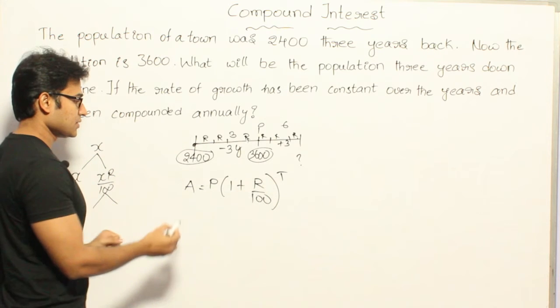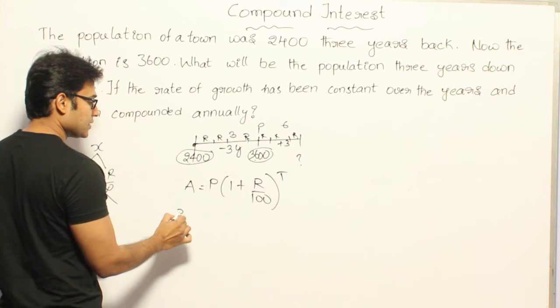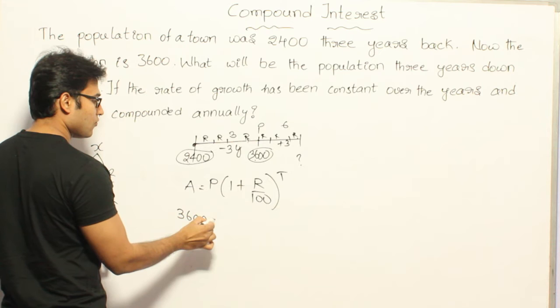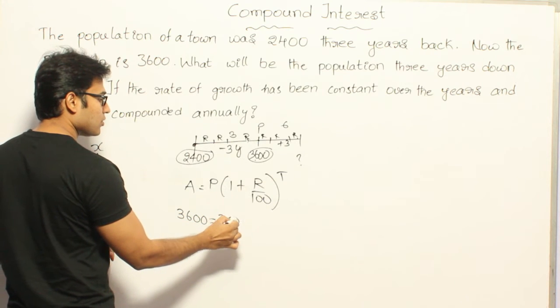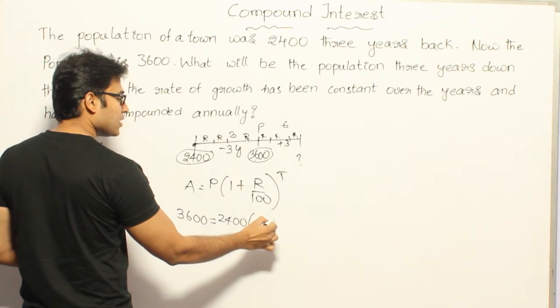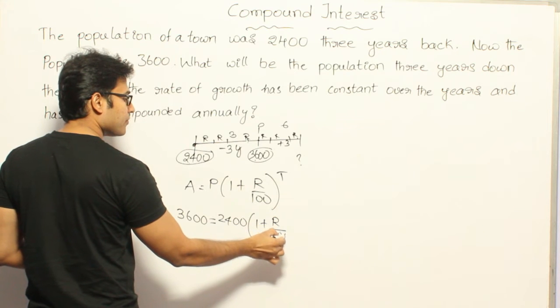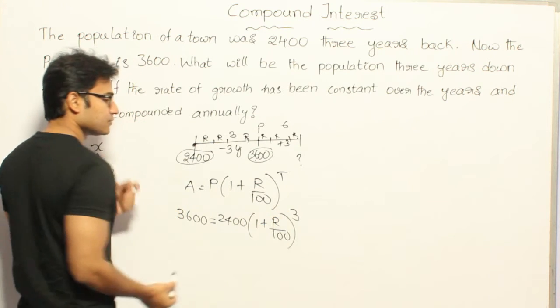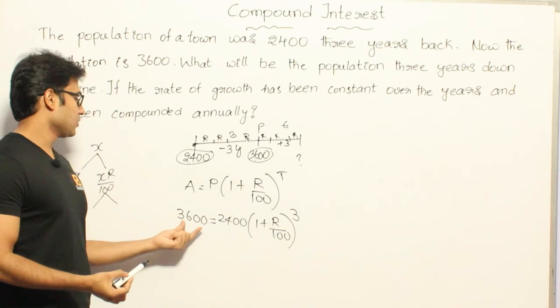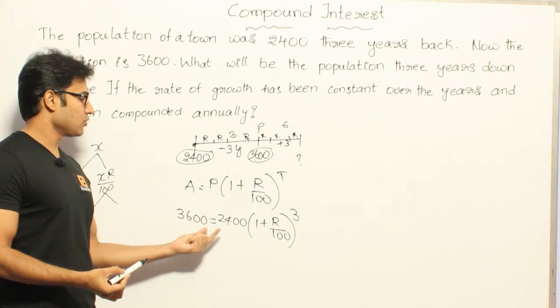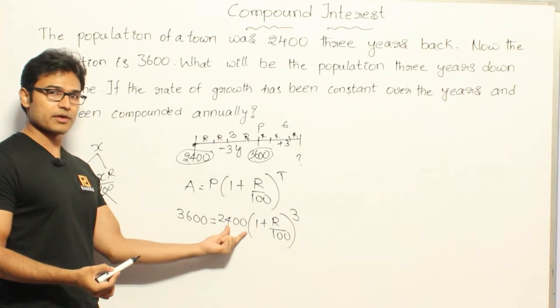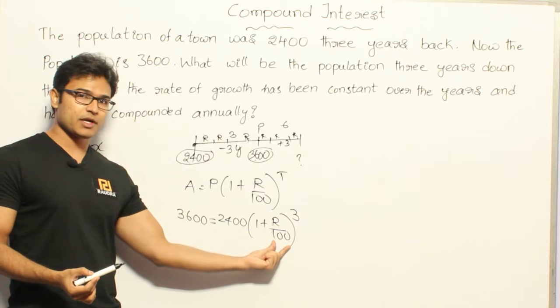That is why I can say that this 3600 is a result of compounding 2400 at a rate of r% per annum for 3 years. Got it? 3600 is the result of compounding 2400 at a rate of r% per annum for 3 years.